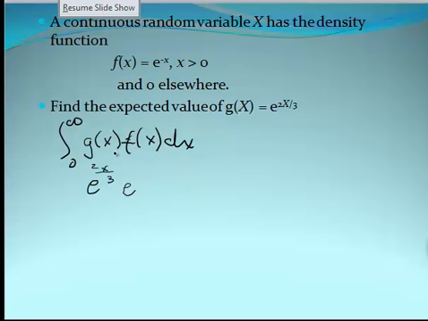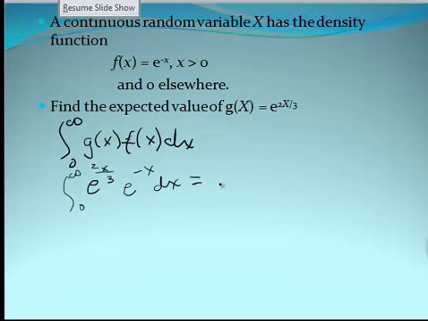So then that's g of x is 2/3 x. F of x is e to the minus x, 0 to infinity, dx. So then how you do this is when you have e to the something or other times e to the something or other, you just add whatever's in the exponent.